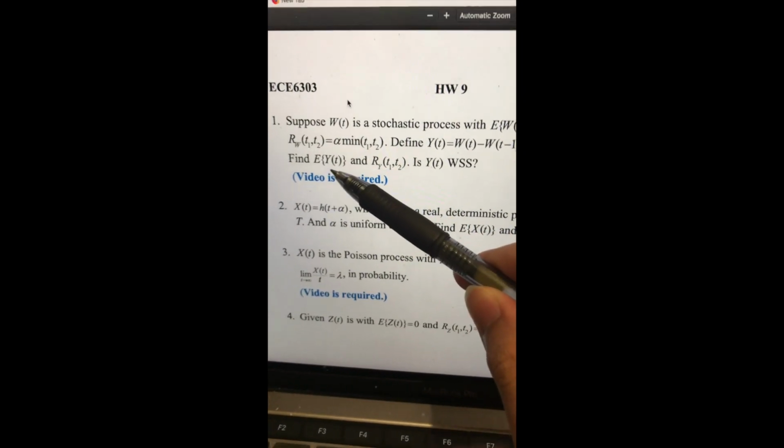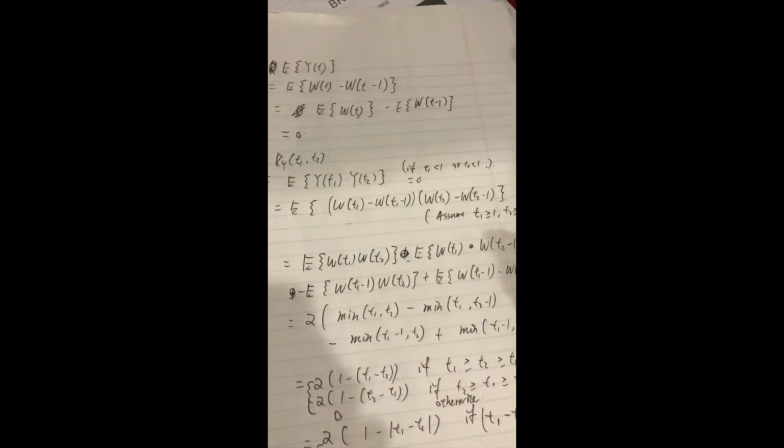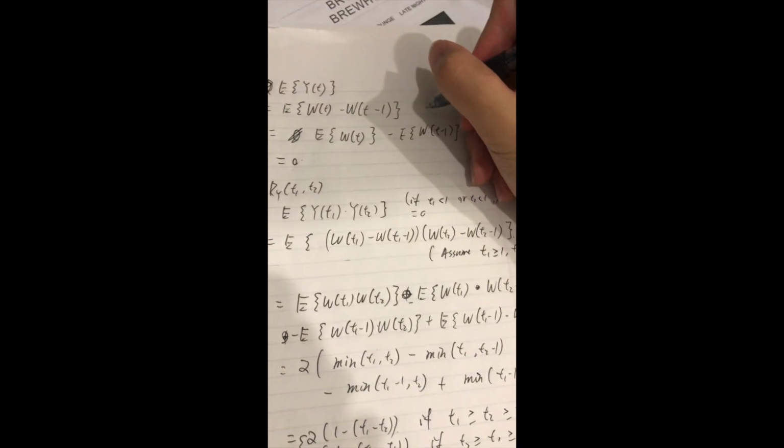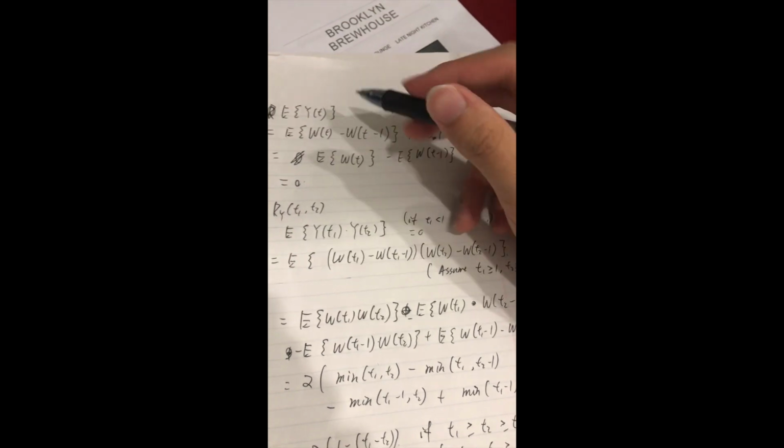To find the expectation value of y, first of all we should substitute the formula. This is the condition for t larger than or equal to 1, because if t is smaller than 1, the expectation value of y is just 0.